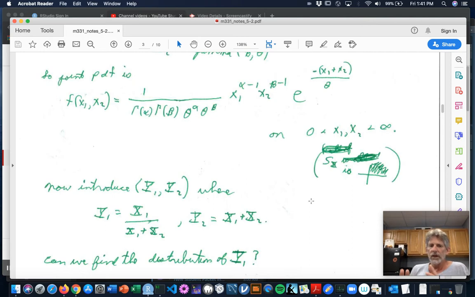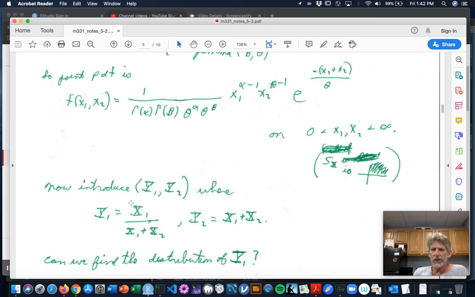Now, suppose you're thinking, all right, what if I were waiting for alpha plus beta events to occur? Wouldn't that be the same as waiting for alpha events and then waiting for a further beta events? It feels like that would be the same as just x1 plus x2.